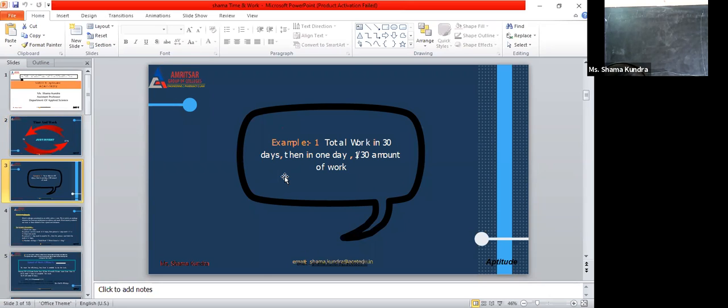Now let us take an example and understand what exactly we are talking about inverting. Say if total work can be done in 30 days, then in one day, how much work is done? 1 by 30, because we are just inverting. So in one day, 1 by 30 amount of work is done.